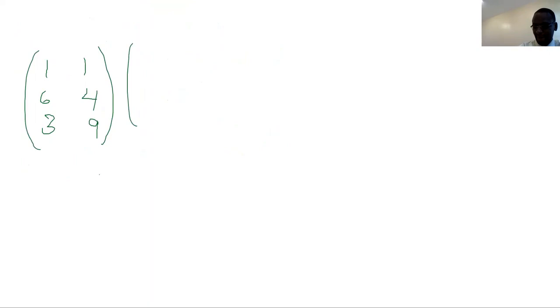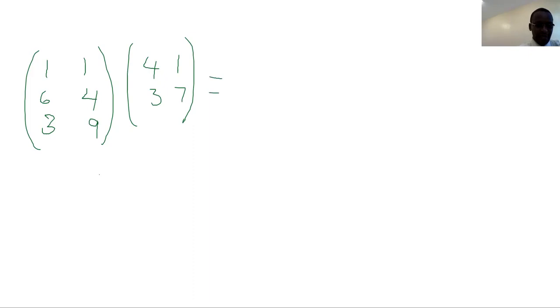Can you try to multiply them and see what you're going to get? So we have 1, 1, 6, 3, 1, 4, 9 and 4, 3, 1, 7. Then we multiply that.